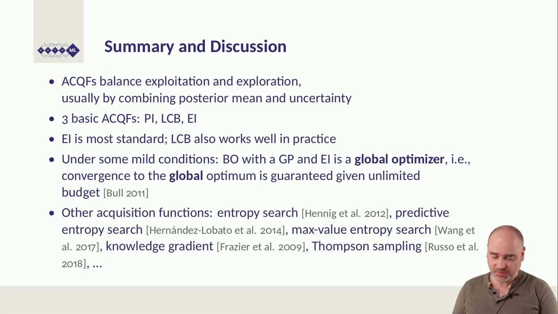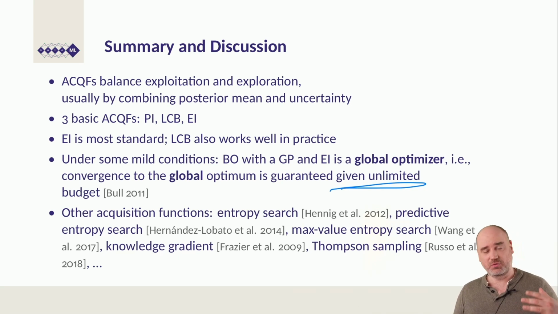I guess that's a catch, because we will usually in practice not have an unlimited budget. I guess we'll have quite the opposite. But what that tells you is that the exploration aspect in expected improvement never completely vanishes. So you always have non-zero probability for any region in the configuration space to at some point visit that.